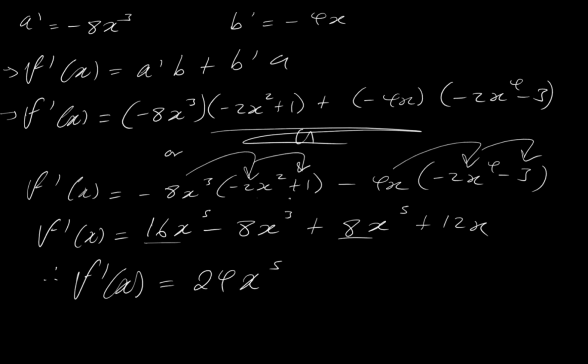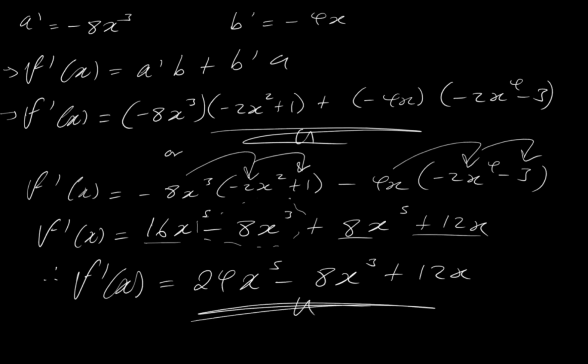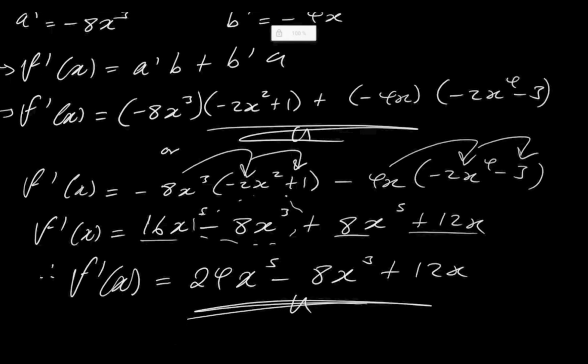Now for this one here, it doesn't really have a pair to simplify it with, so you have a minus 8x to the third. Same applies with the positive 12, so plus 12x. So this is the new function that gives you the gradient at each point of the original function. So this is our derivative. I'm glad it's clear.